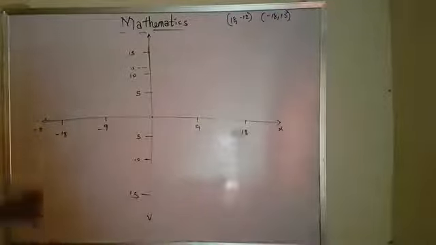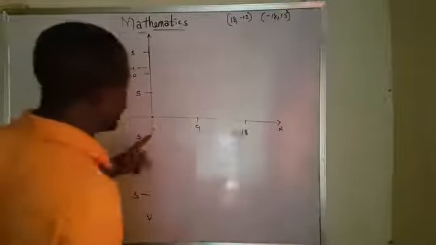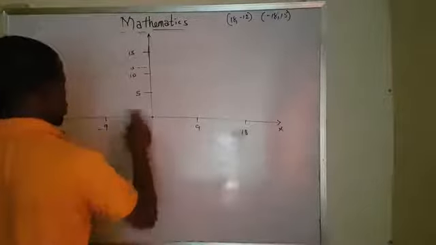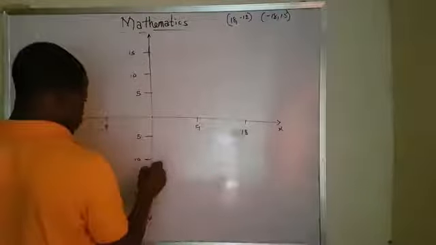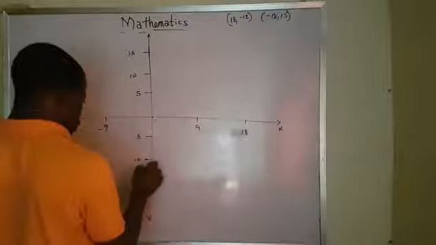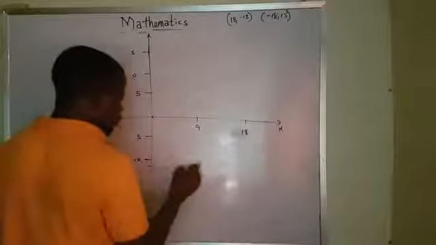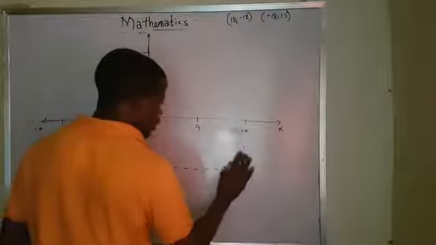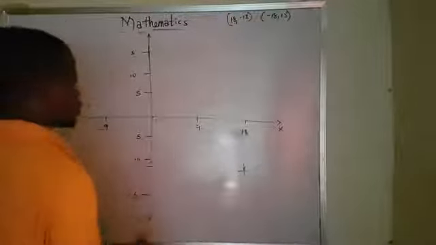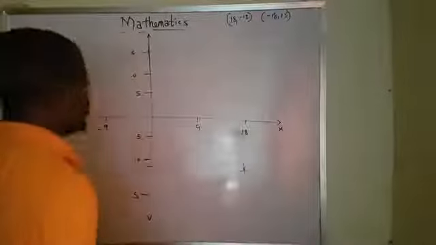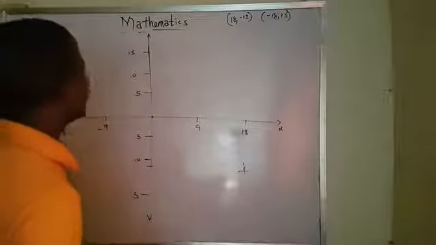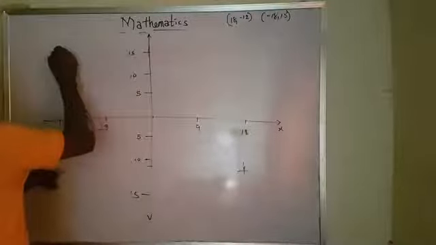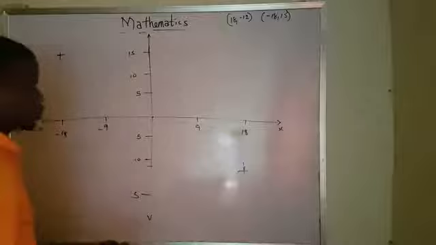So since I have 18, minus 12, let me call this minus 12. So I have this 18. I have a point here. Then I have minus 18, 15. So let's say I have this point. You see that?